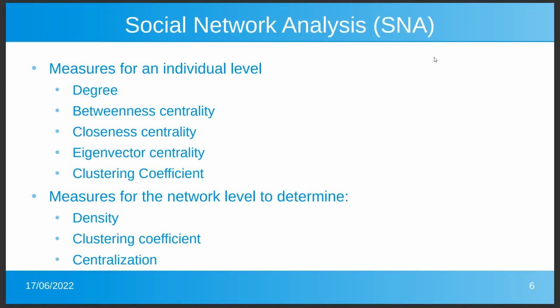The most commonly used metrics at the individual level are degree, betweenness centrality, closeness centrality, eigenvector centrality, and clustering coefficient. Also, there are measures at the network level, like density, clustering coefficient, and centralization.